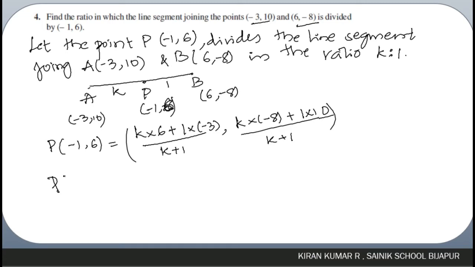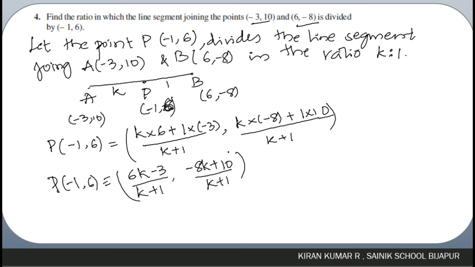On simplification we get (6k minus 3) divided by (k plus 1), comma (-8k plus 10) divided by (k plus 1). Now I need to equate it. This implies that (6k minus 3) divided by (k plus 1) is -1 and (-8k plus 10) divided by (k plus 1) is 6.